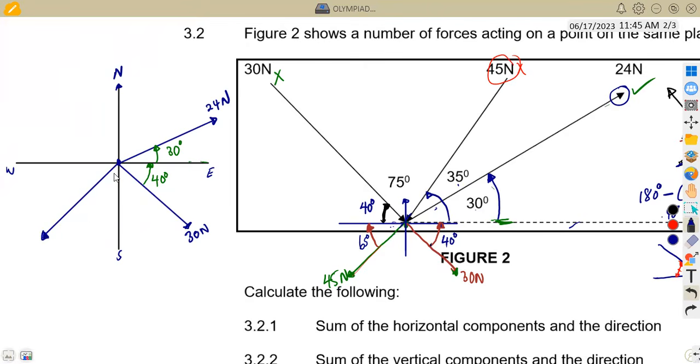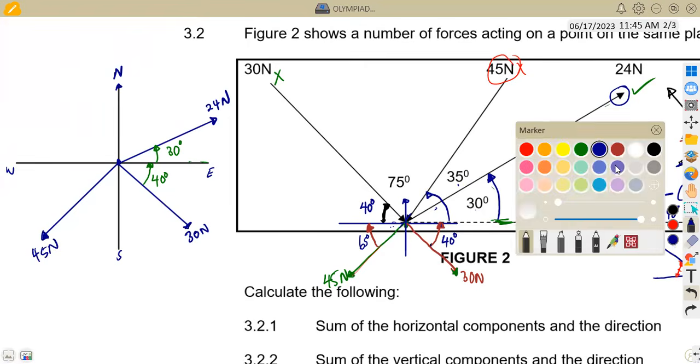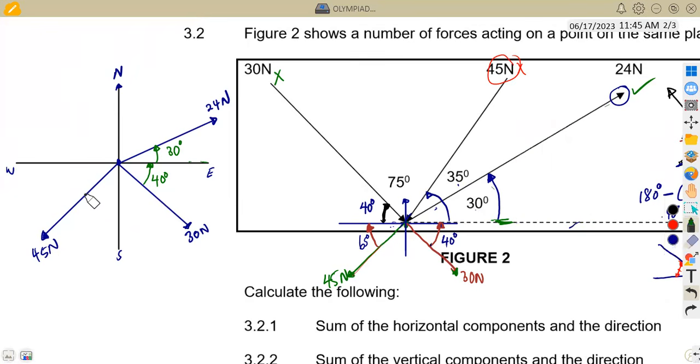And we had our angle for this force of 45 Newton, this angle that we calculated, 65 degrees. So we are going to indicate our angle from the force to the horizontal line. This is the part of our horizontal line. This is 65 degrees. So this is how our diagram was supposed to be in actual sense.